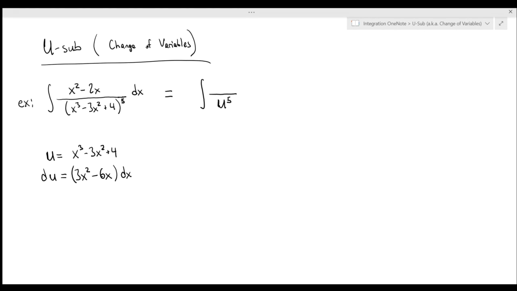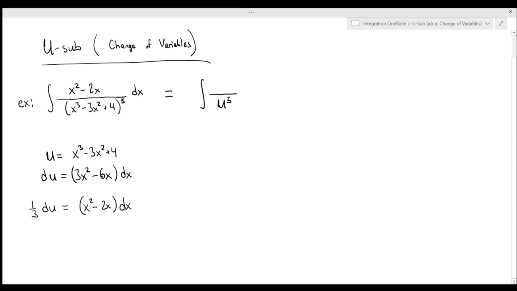So the way we do that is we make use of our du equation down here. Notice that if I were to divide both sides of this equation by 3, we would get 1/3 du equals, and here dividing by 3 will leave x squared minus 2x dx.